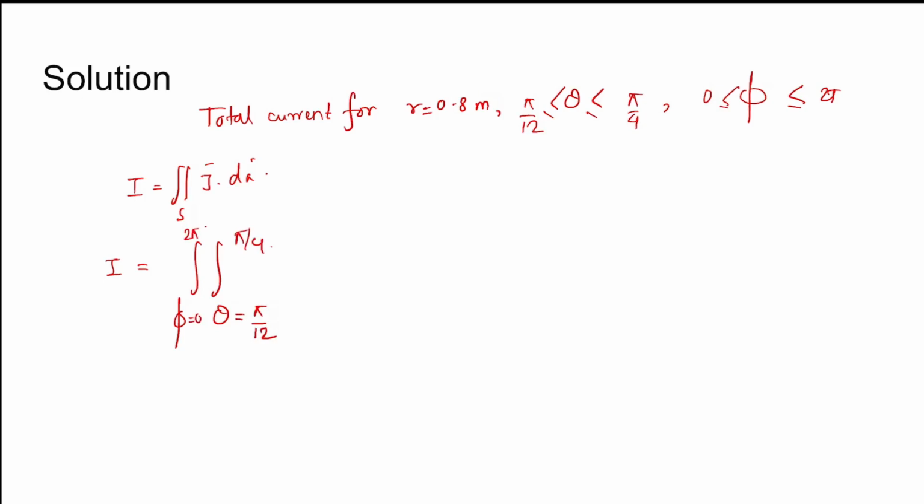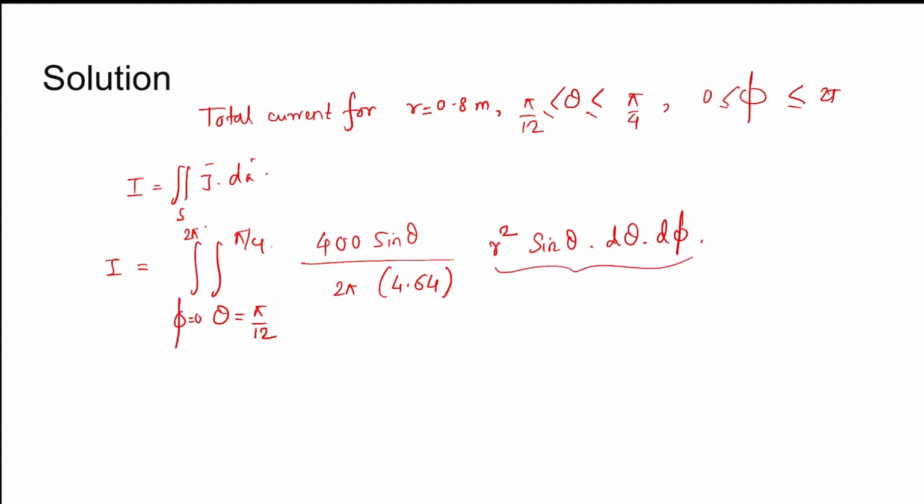Now we will use our expression 400 sine theta, and the r value we plug in because r is constant, 4.64, which we derived earlier, and then dA is r square sine theta d theta d phi, right? This is dA and this is the expression of J.